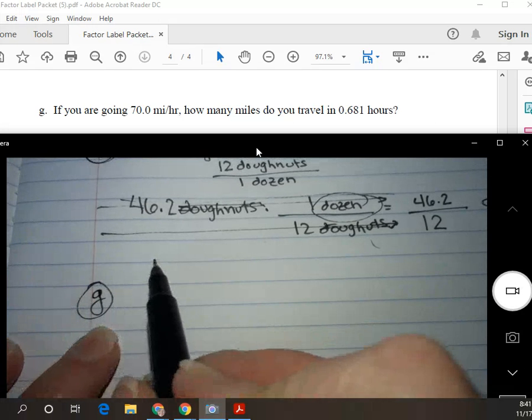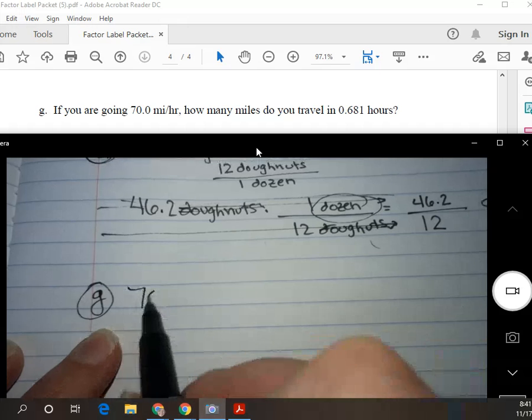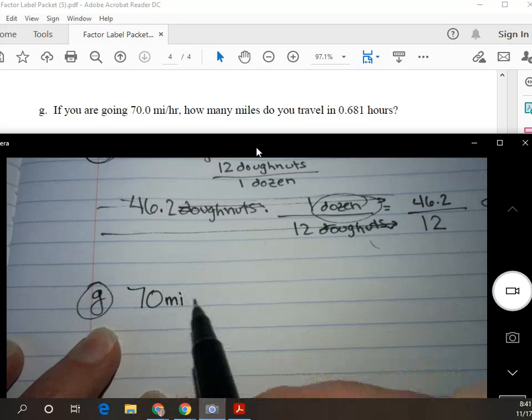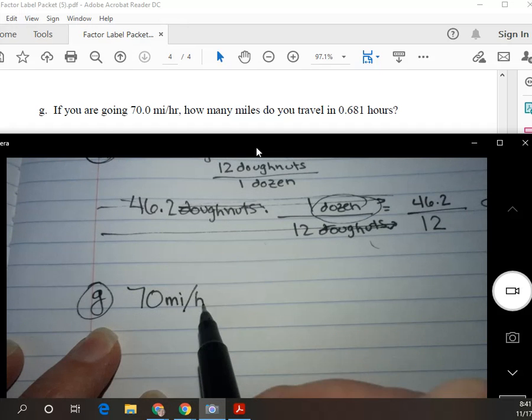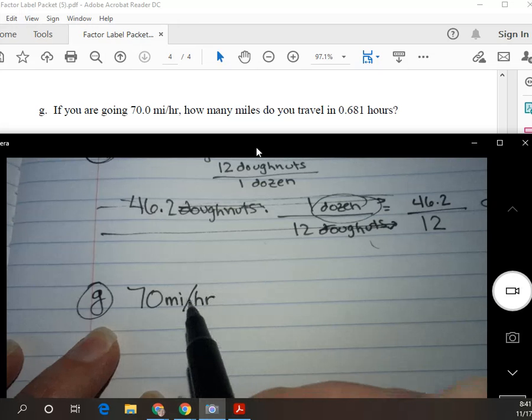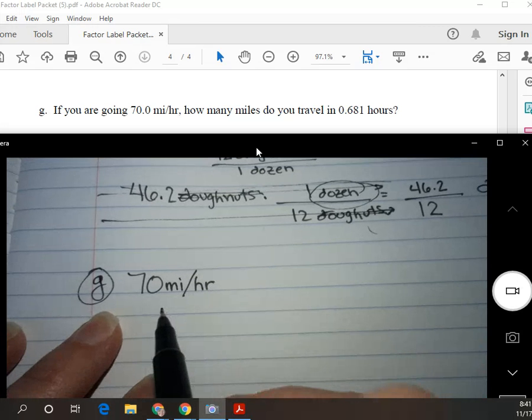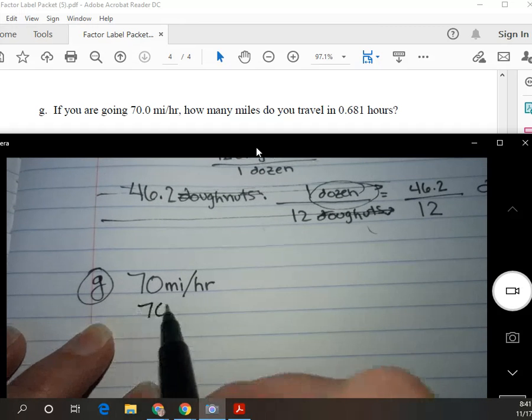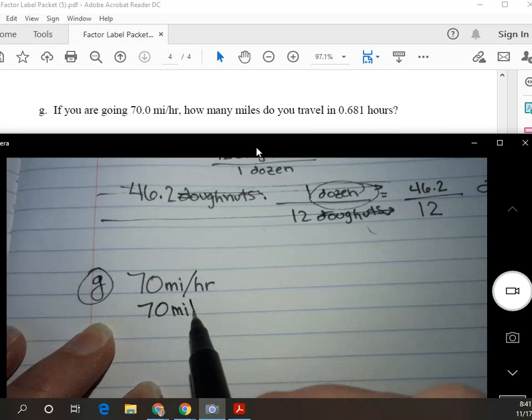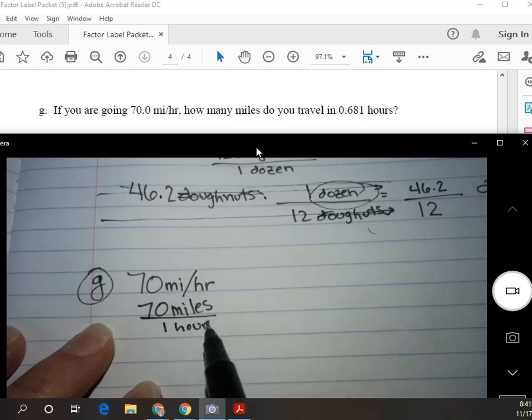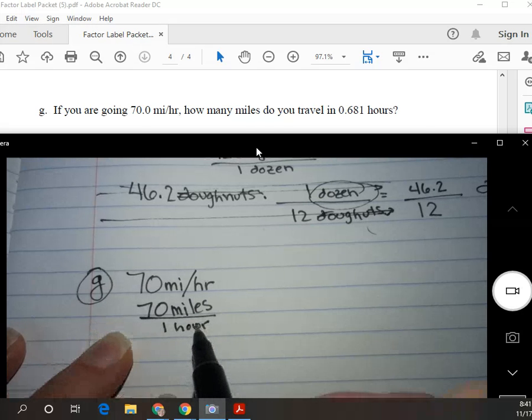So G says if you're going 70 miles per hour. Now look at this, 70 miles. It shows it like this in the work, but you want to remember that it's 70 miles per 1 hour. That same idea of a conversion factor.